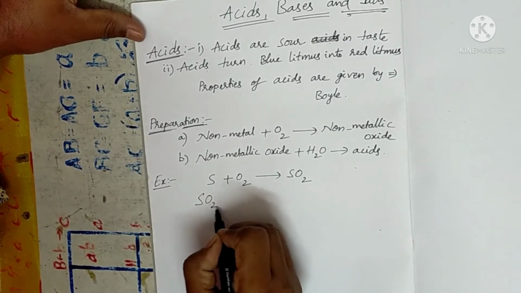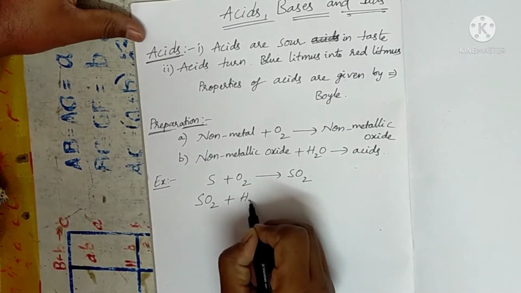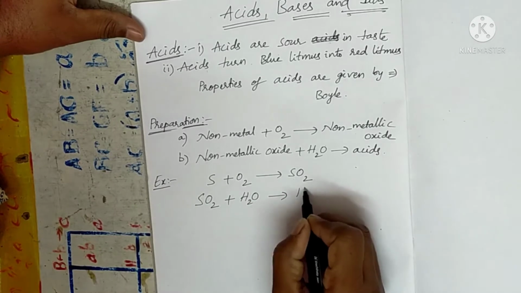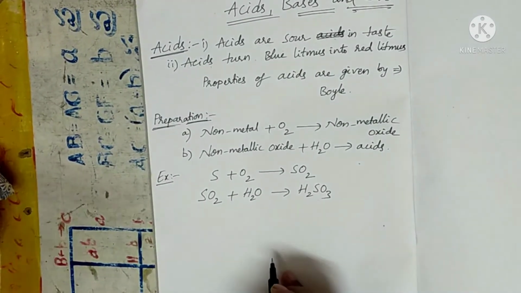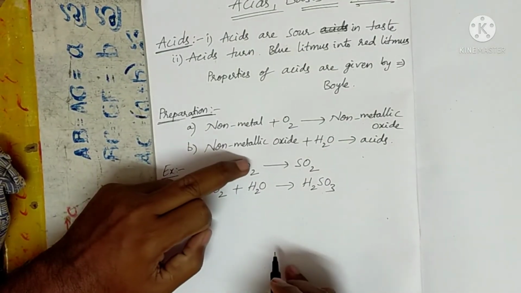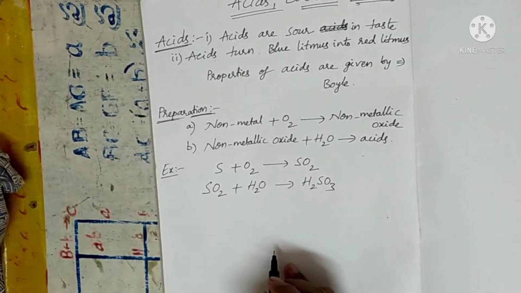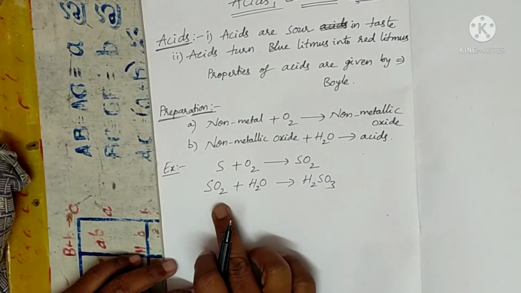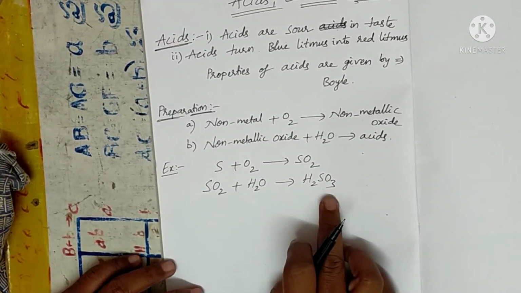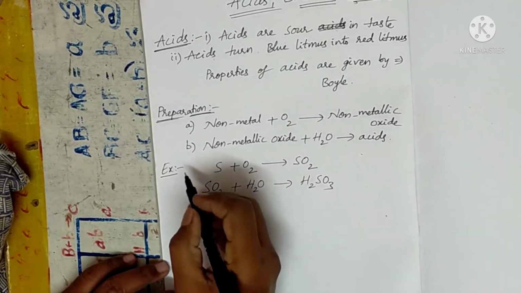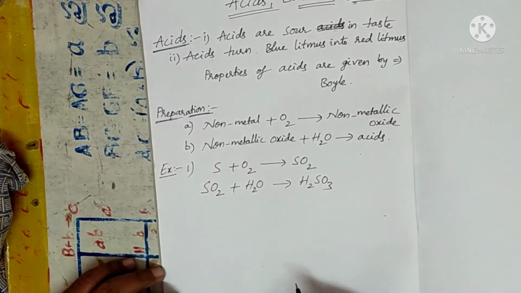This sulfur dioxide dissolves in water and gives sulfurous acid. This is one example.